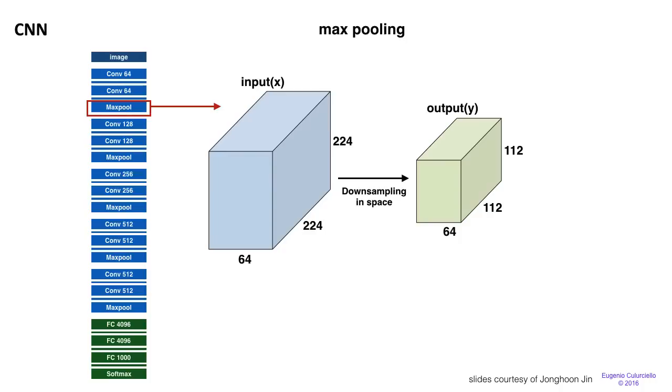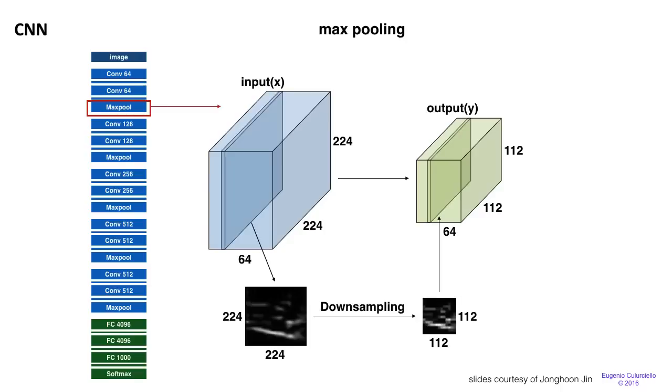Each one of these maps is taken in isolation or together, and we create another 64 maps, but this time we reduce the dimension on x and y. For example, we downsample by 2, we divide x and y by 2. One such operation that we do is the max pooling.